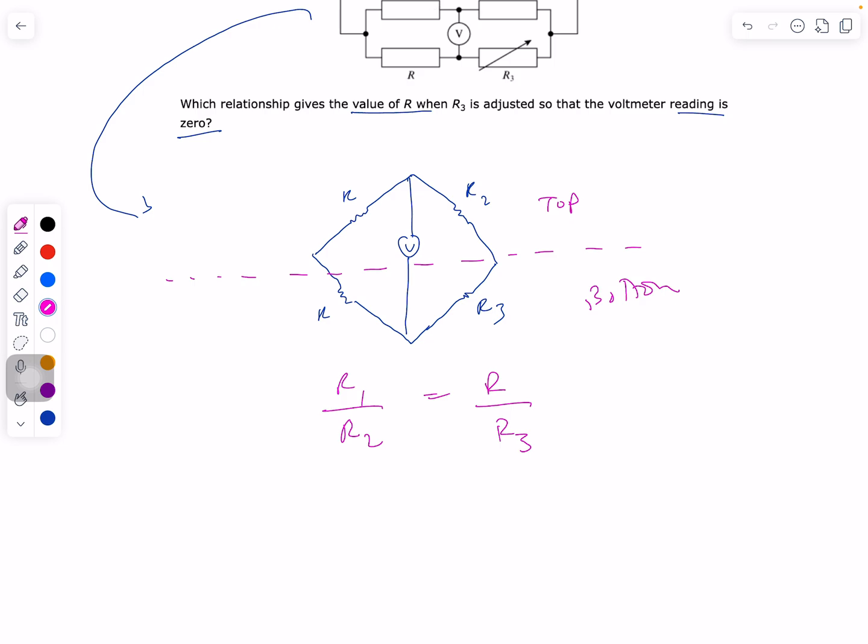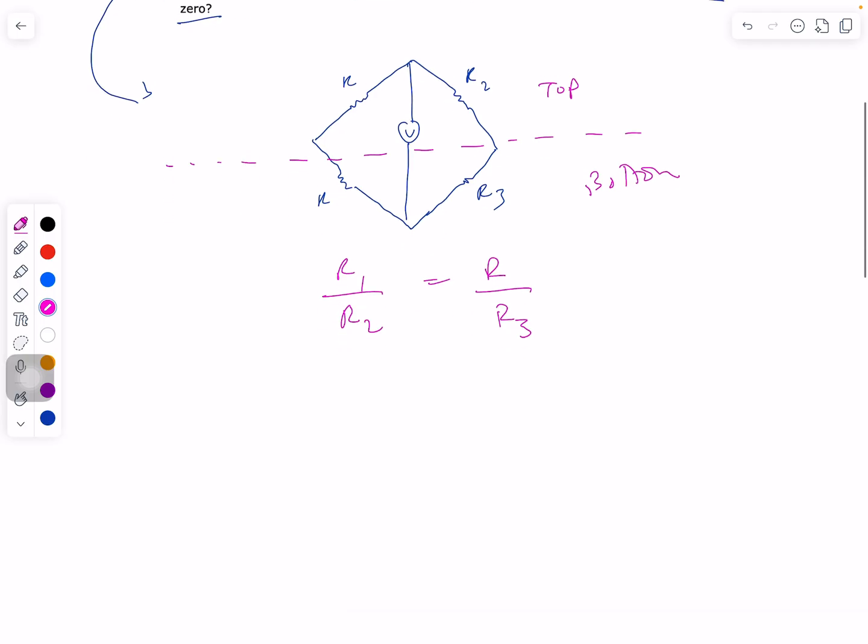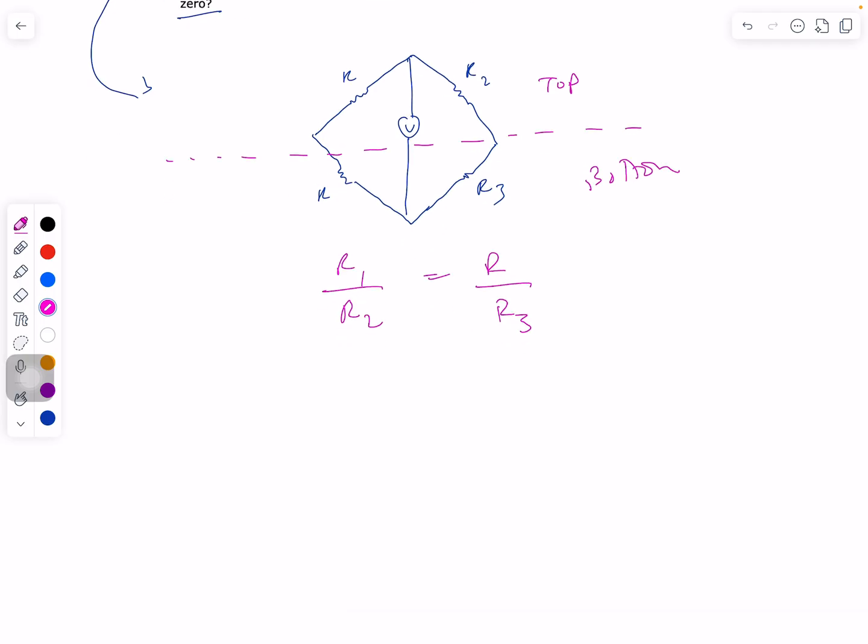Now you might ask, why is it not these two on the same side? Why is it not R1 over R is equal to R2 over R3?